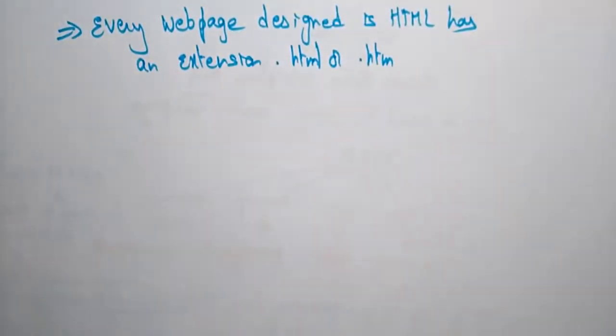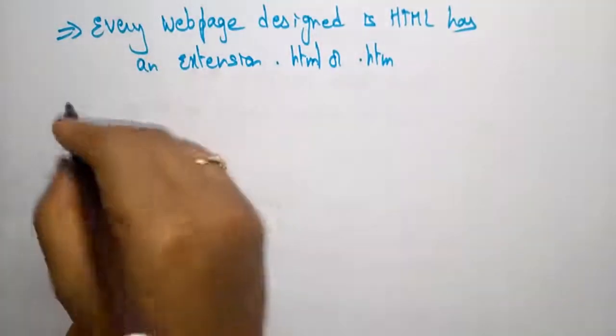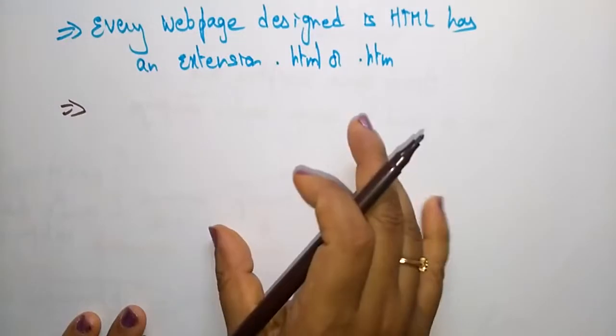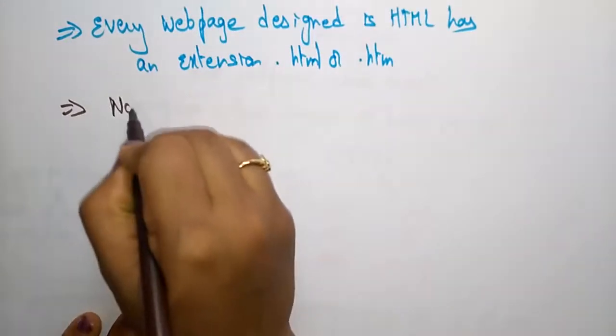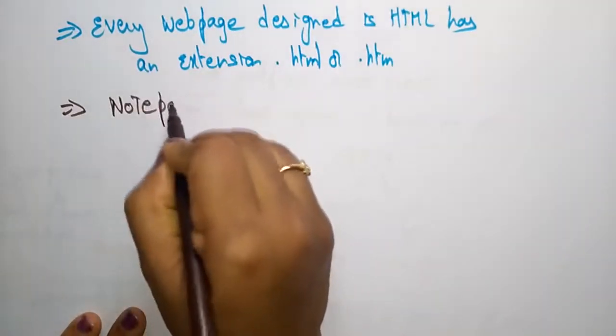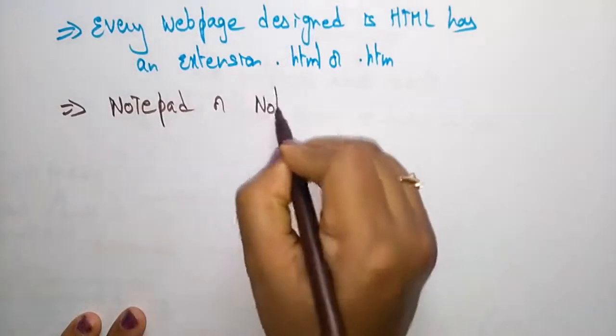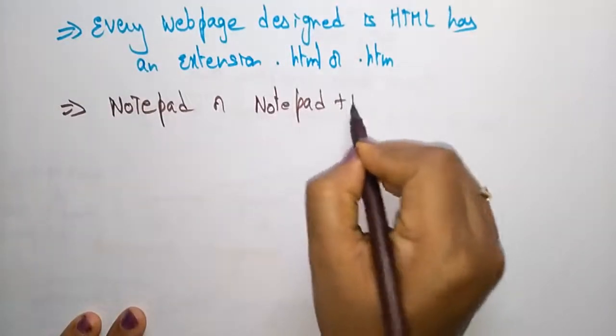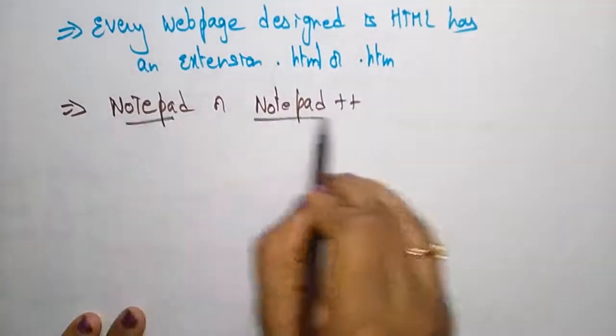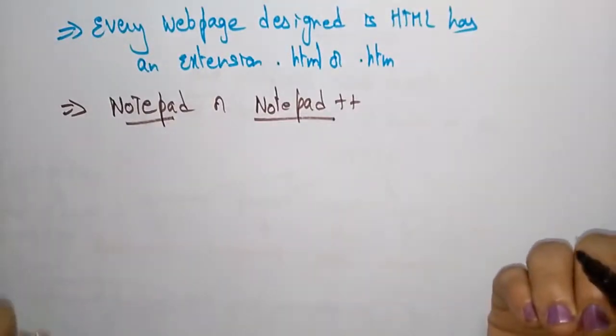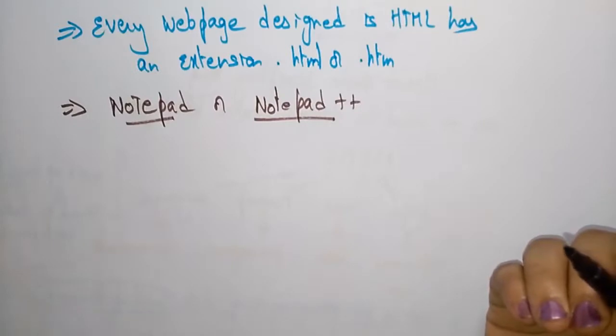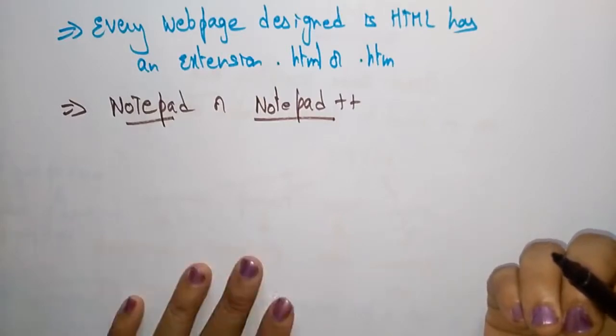To write these HTML static web pages, you can use Notepad or the Notepad++ editor. Whenever you have written it, you just save it as .html or .htm.